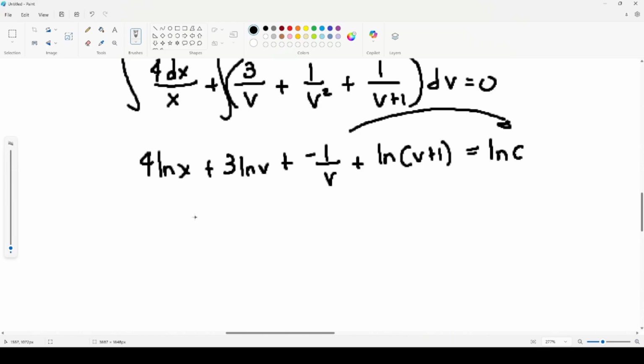So that will become ln of x to the fourth, v cubed, v plus 1, then multiplied by C is equal to 1 over v.